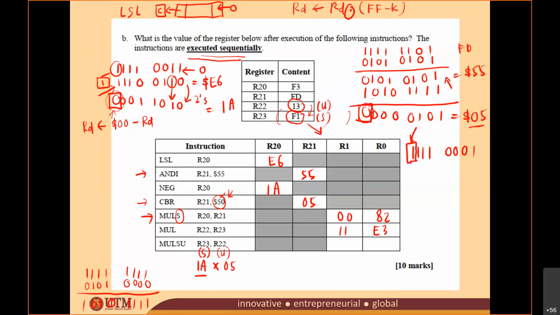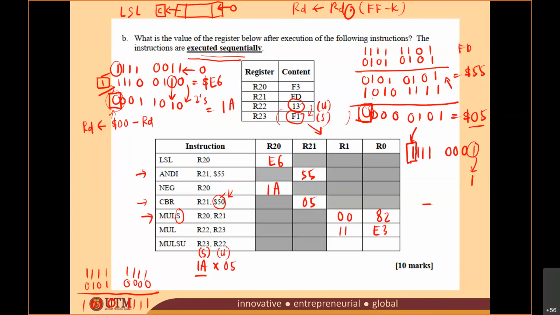Okay, so sekarang ni kita tahu this is a negative number. So what are you going to do after you find out this is a negative number? Okay, nak buat apa? Okay, please get the second complement. Dapatkan dia punya second complement. From right to the left, find the first number 1. So this is the first number 1, so you copy it back.